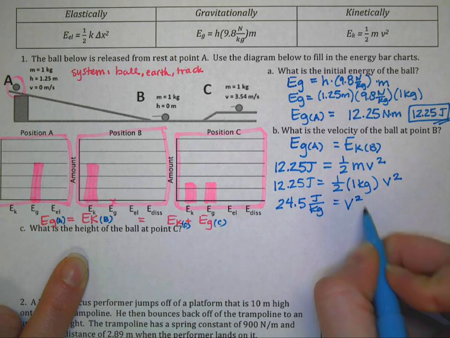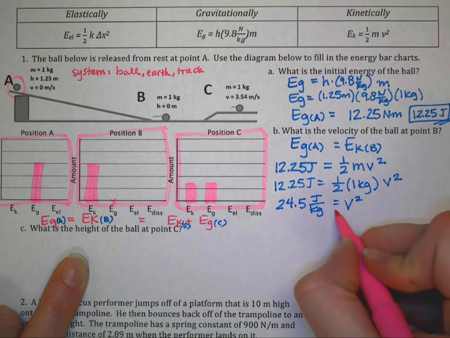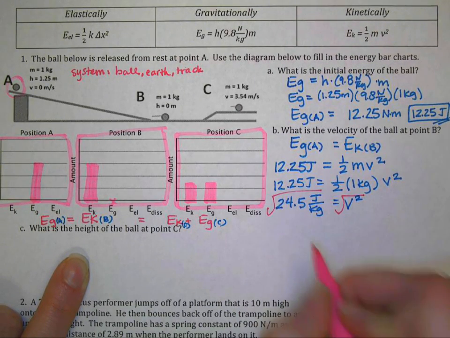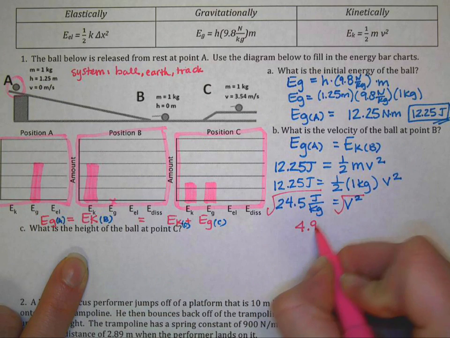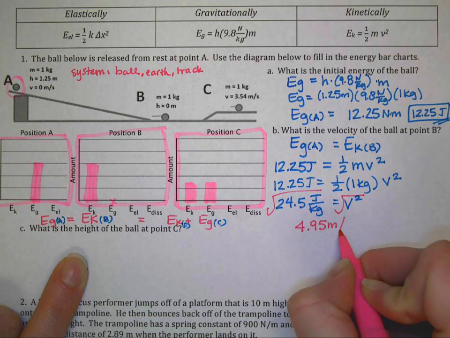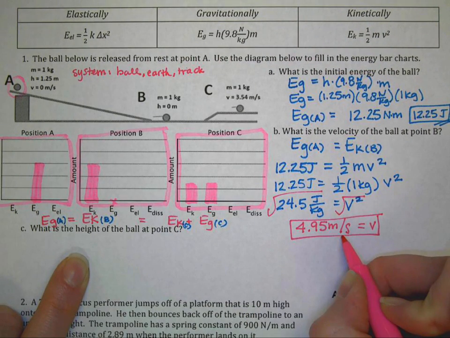We aren't done yet because it's velocity squared. We need to take the square root, and the square root of 24.5 is equal to 4.95. And knowing that we're looking for velocity, our unit is meters per second.